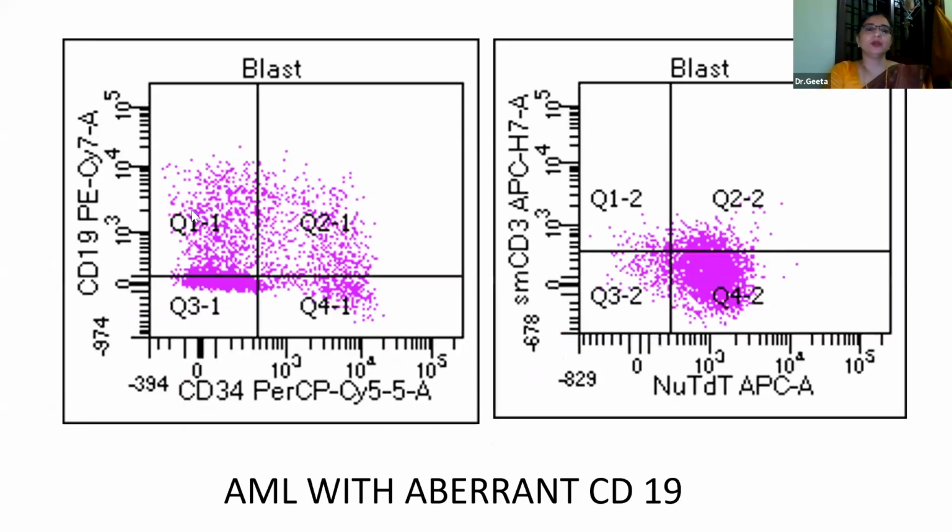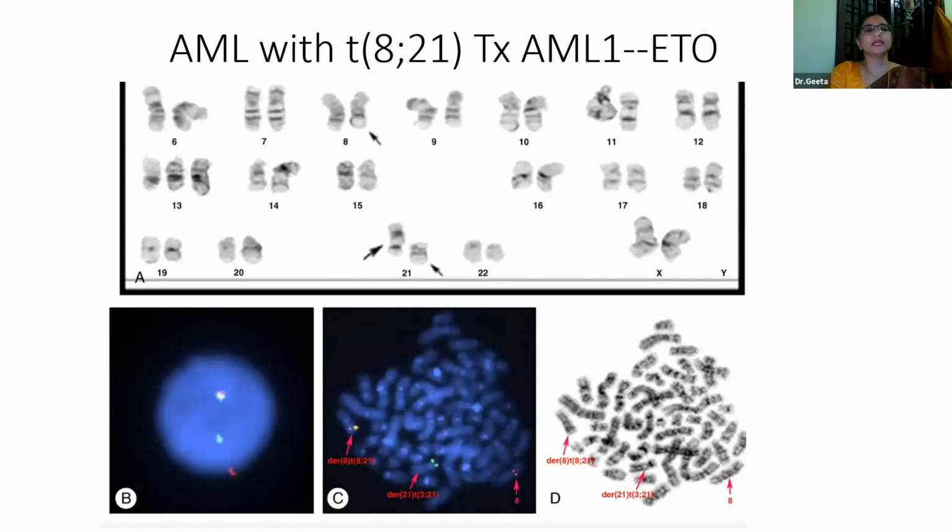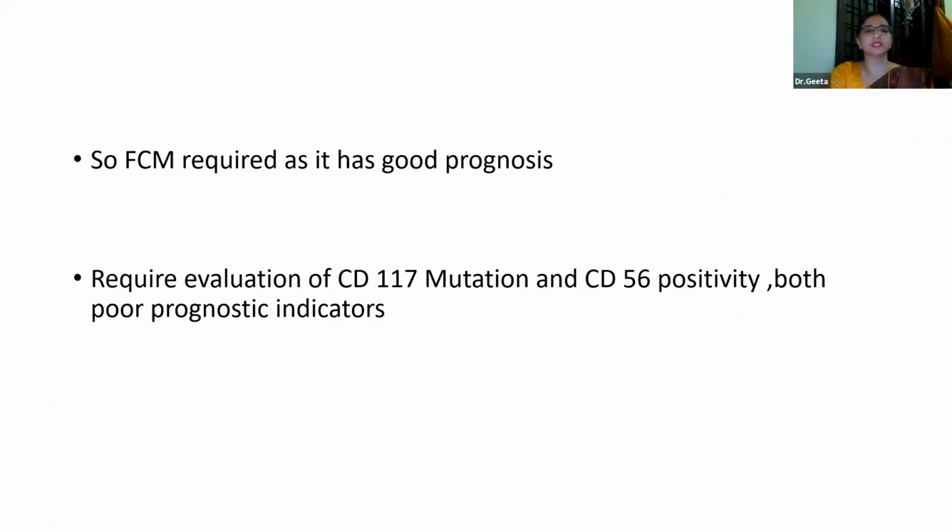But when I go to the bead tube, I find that there are some cells which are also positive for CD19. So this is a case of AML with aberrant CD19, which is typical of translocation 8;21. So FCM is important because this entity has a good prognosis, provided there is no CD117 mutation of the gene and CD56 is negative.